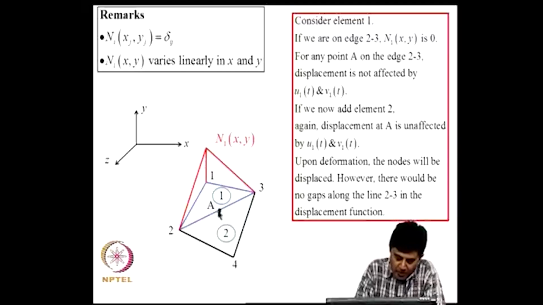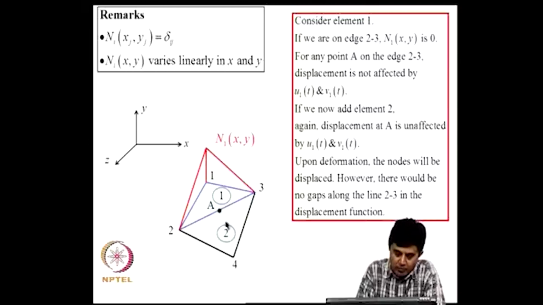A point on this edge is not affected by the value at node 4. Similarly, the displacement here as viewed from element 1 is not affected by u1. So, the only values that affect the field variable at this point are u2, u3, v2 and v3.